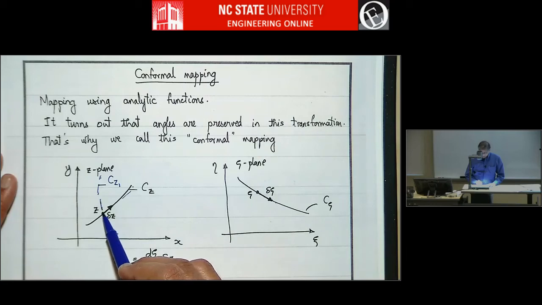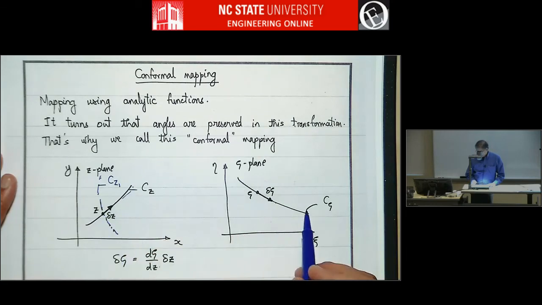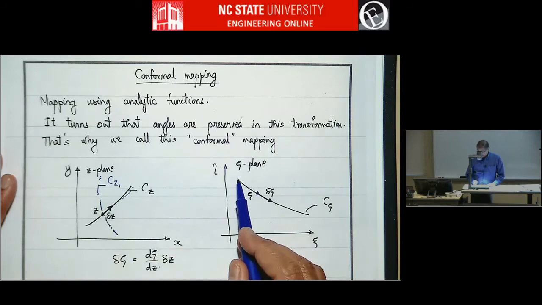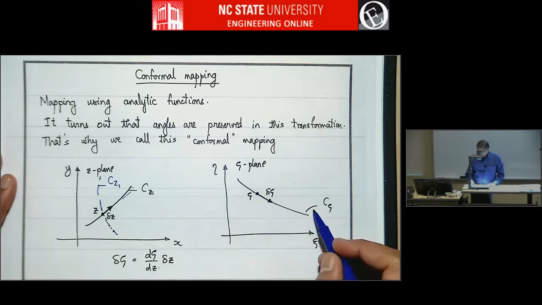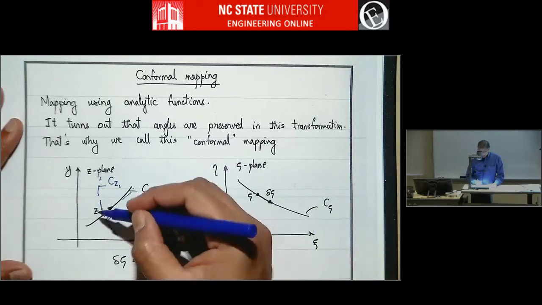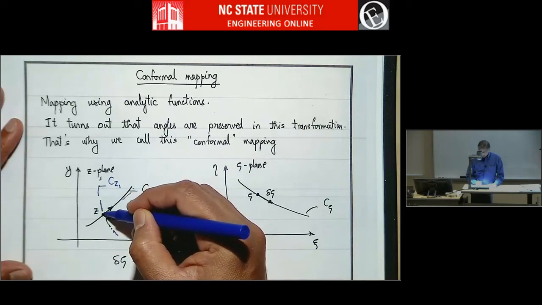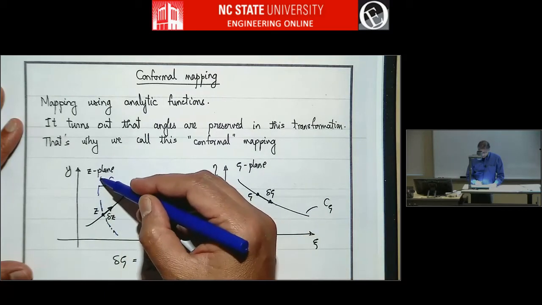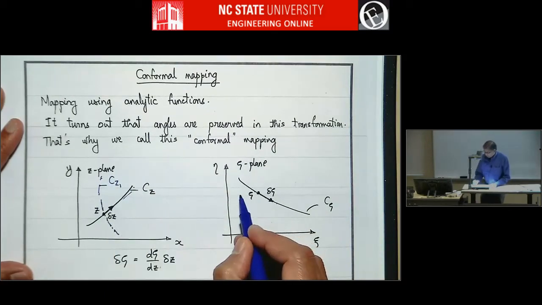If you map this point and this curve, maybe you'll get something like this. This might become the mapped point zeta, and the curve C_z gets transformed to C_zeta, right? It's some curve. Now this angle, so this curve C_z1 will get mapped like this.